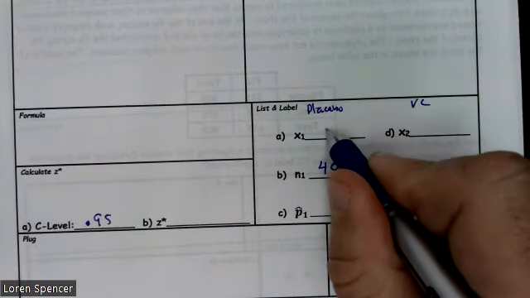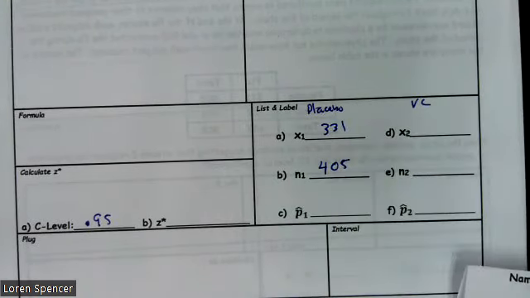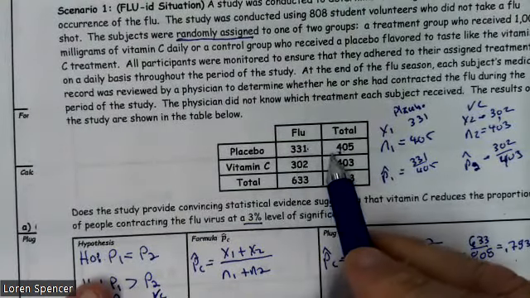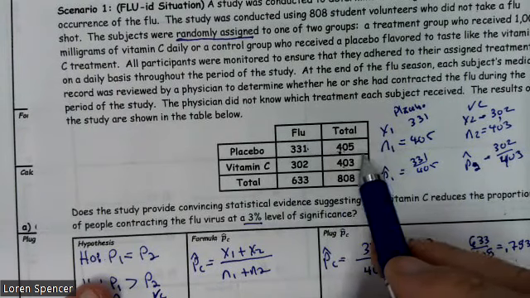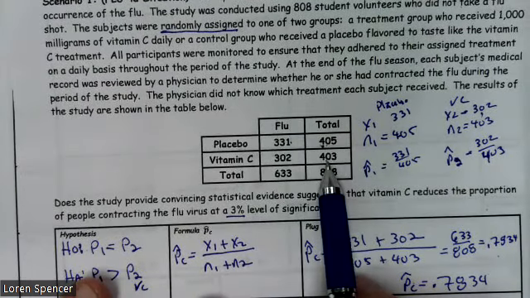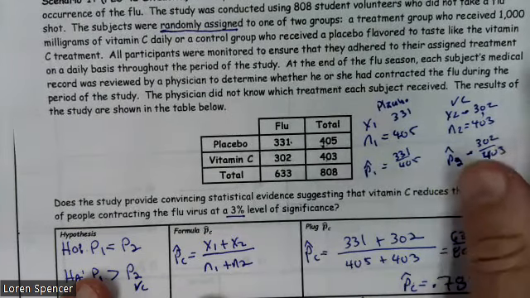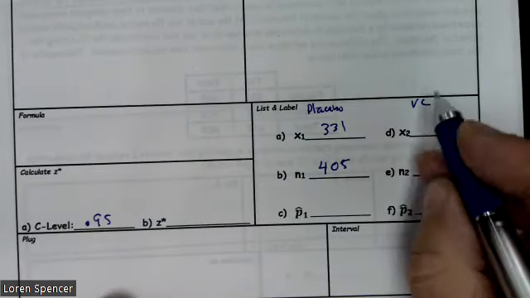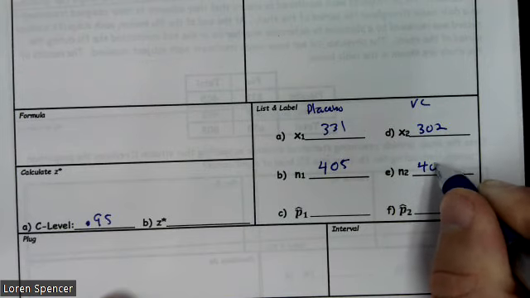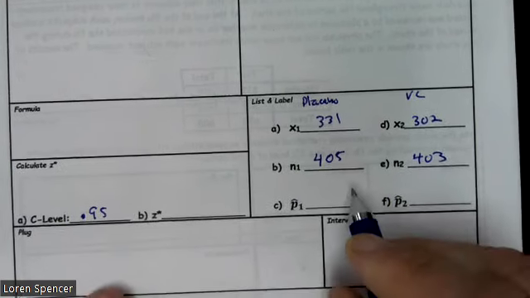And of that, when we look at the table, 331 of that placebo group got the flu. So 331 out of 405. In the vitamin C group, we had 403 people, and 302 still got the flu. So 302 out of 403.